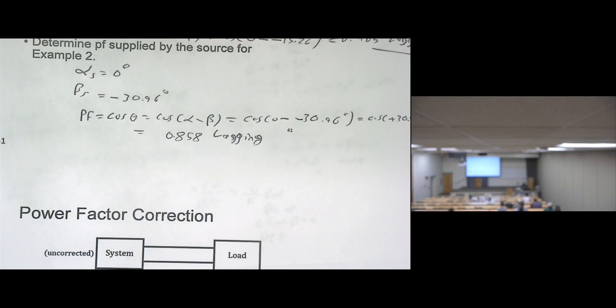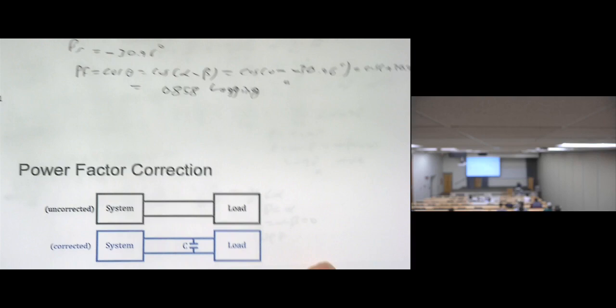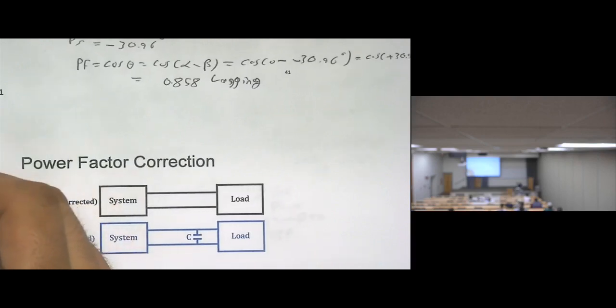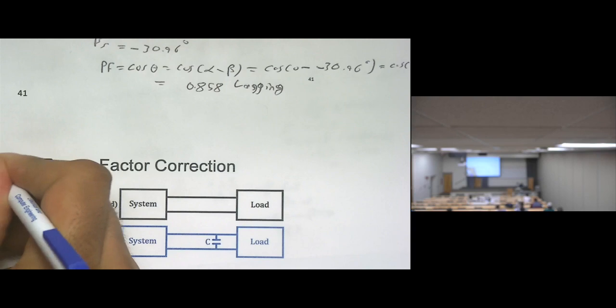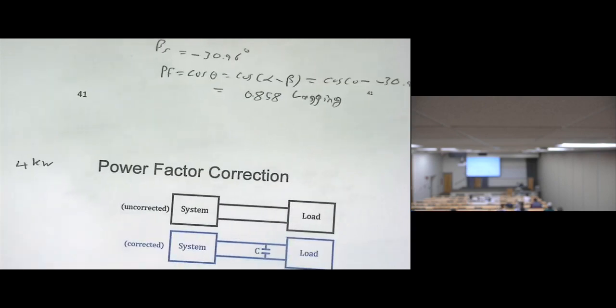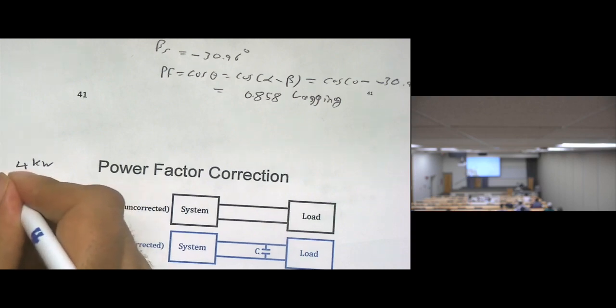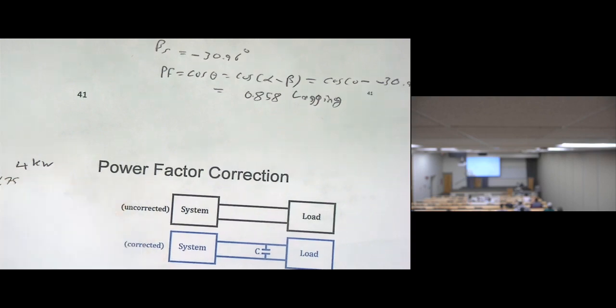So what should I do? I need to improve this, or make it higher than this. So let's assume in a certain factory, or in a certain machine, I need 4 kilowatts as a power requirement, and my power factor was 75%.